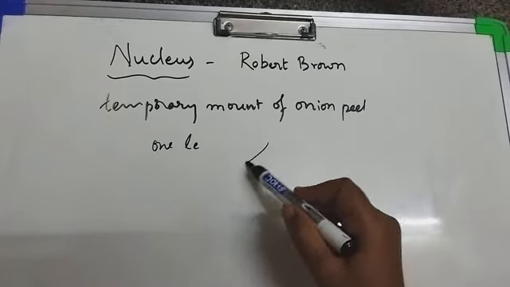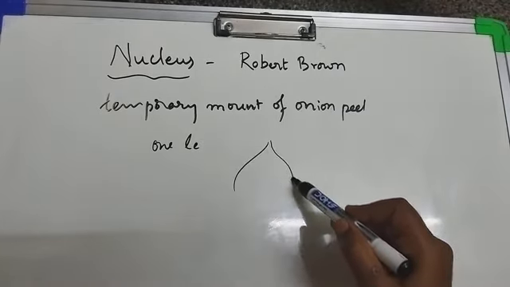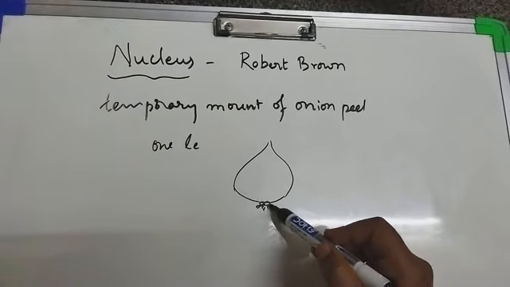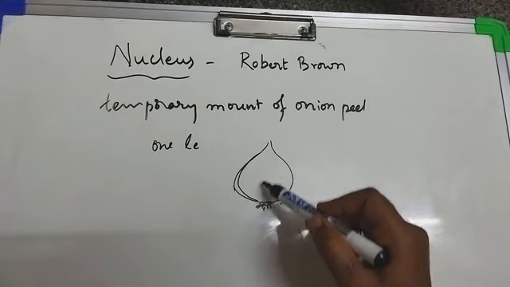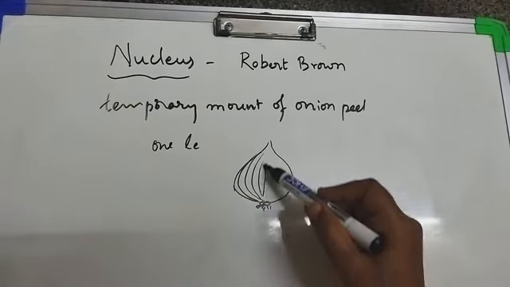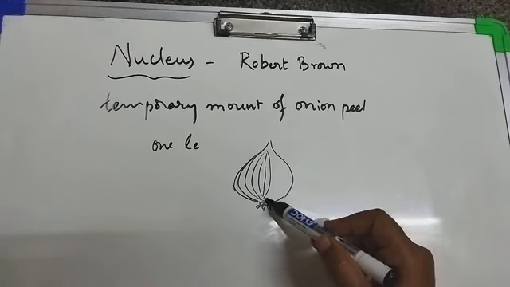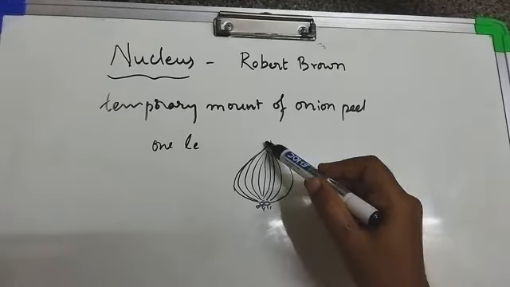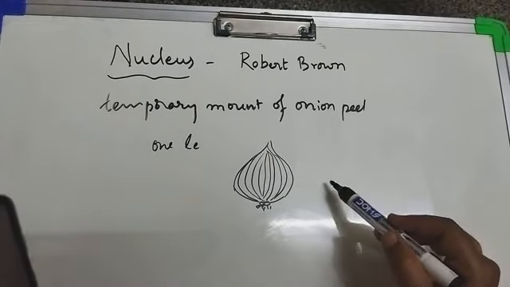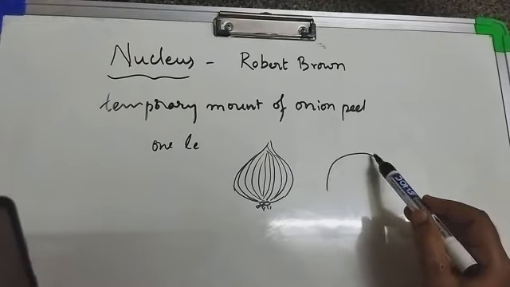So if you take the onion like this, there are many leaves like this. We will take the outer leaf, any one leaf.